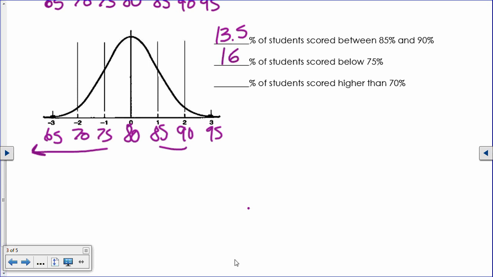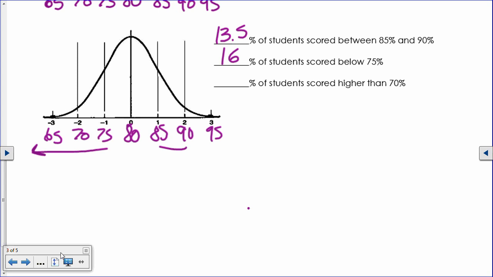You add everything from 75 below, or does anybody else see another method you could use? Instead of adding 13.5, 2.35, and 0.15, what else could you do? Couldn't you do 50 minus 34? You know half the curve is 50, don't you?